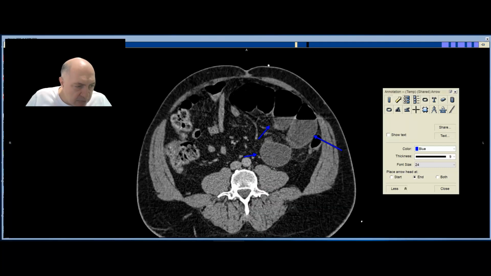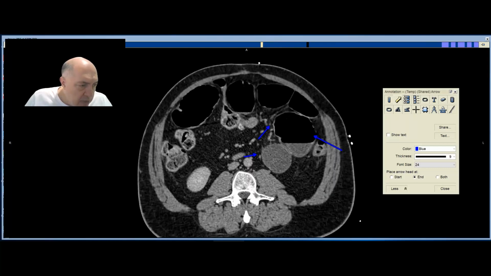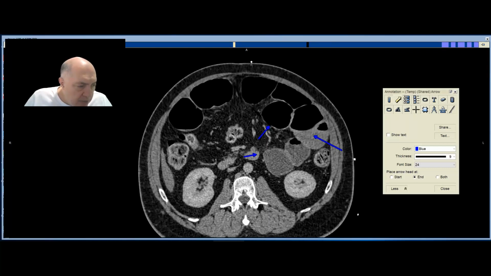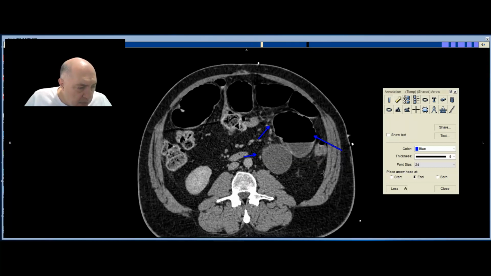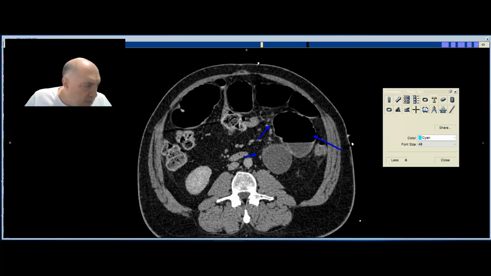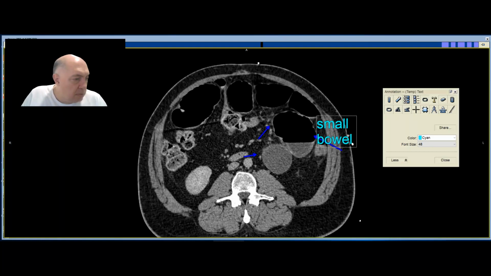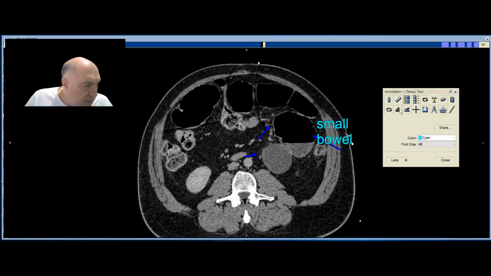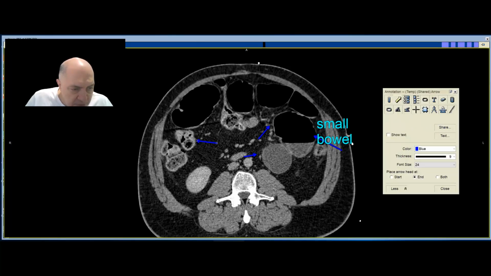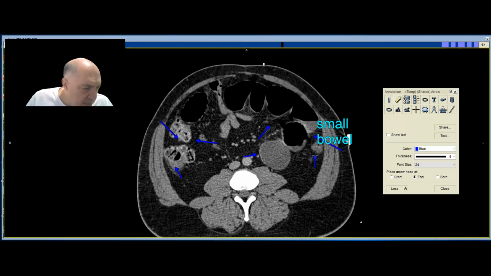They're hard to see, but they're there. And we can see that this is small bowel. Now we can see the large bowel as well, and that is separate to the distended loops, and we can tell them from these haustrations right there.